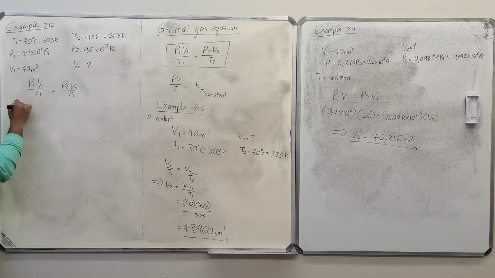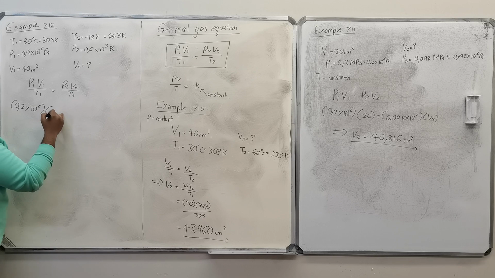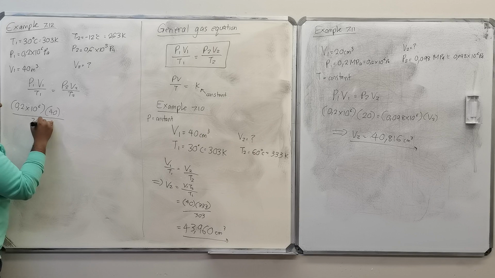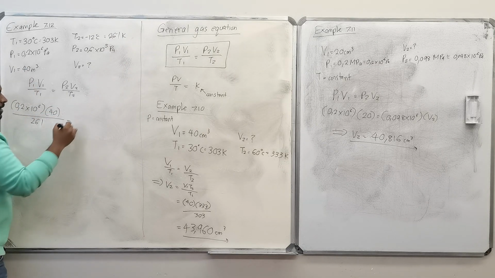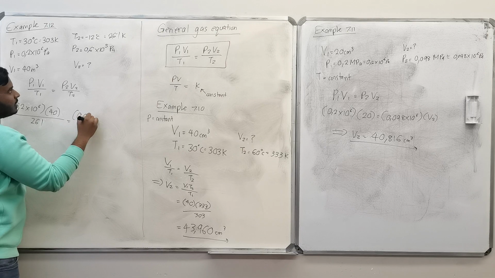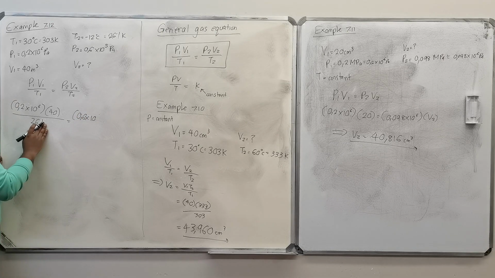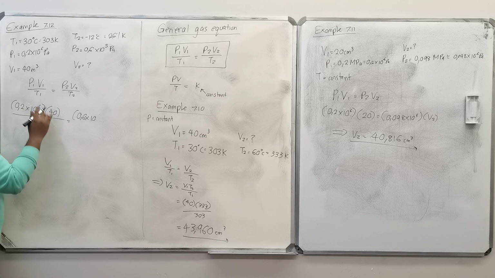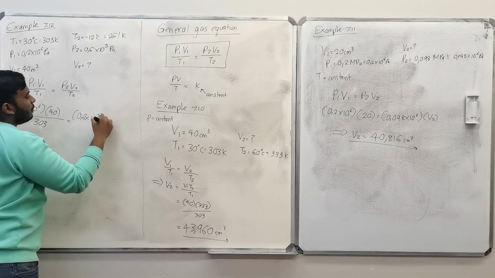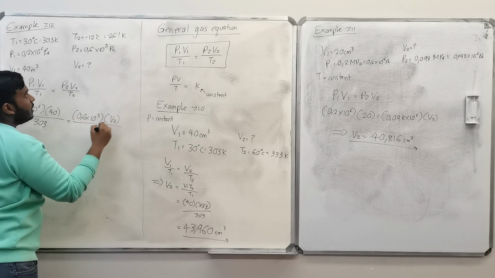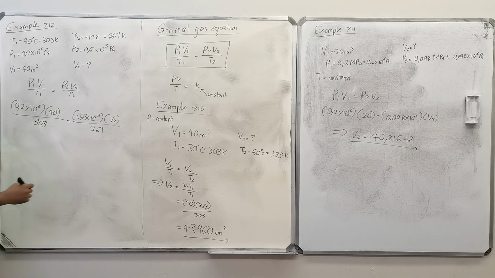Substitute your values into it. 0.2 times 10 to the 6 times V1, which is 40, over T1, which is 263, equals P2, 0.6 times 10 to the 5 times V2 all over T2, which is 261.